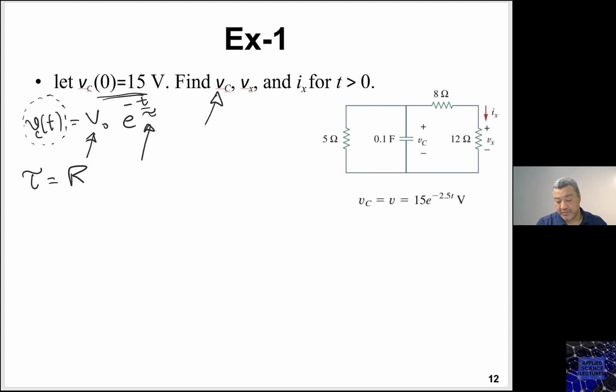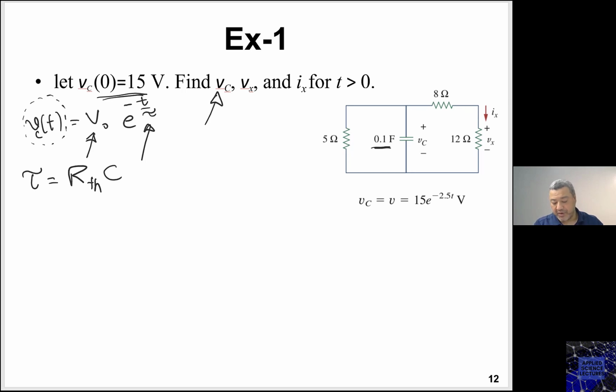I know C. R net is 20. Mm, not really. So I need to find, as I said, R Thevenin.